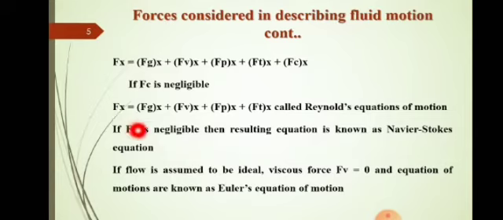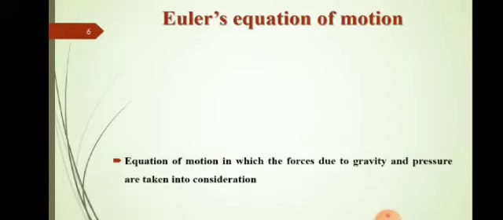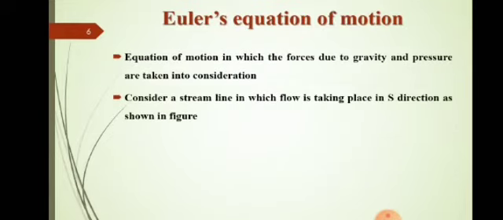Fx is equal to Fgx plus Fpx. This term Fvx is 0 when we are considering an ideal fluid, and that resulting equation is known as Euler's equation of motion. We are coming in detail to Euler's equation of motion, in which the forces due to gravity and pressure are taken into consideration.